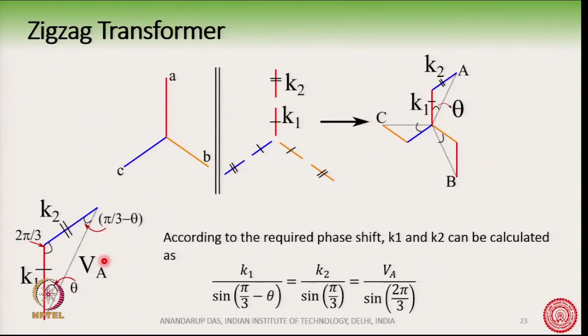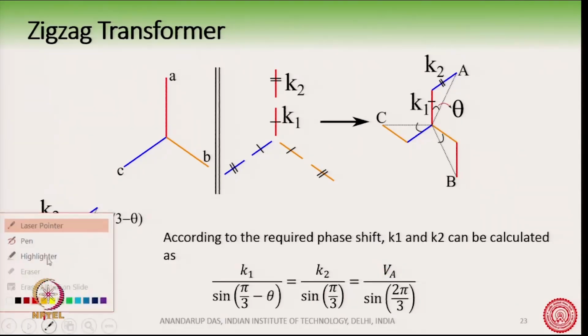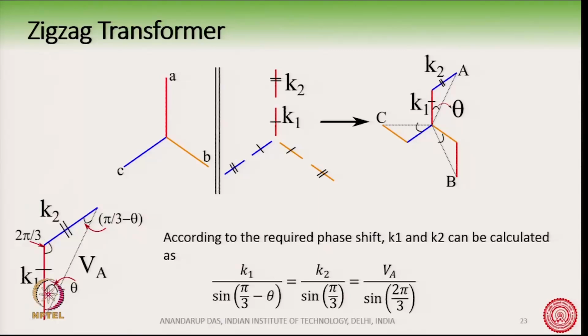So, we can write K1 by sin pi by 3 minus theta is equal to K2 by sin pi by 3, which is equal to... no, there is a small mistake here. We should write K1 by sin pi by 3 minus theta is equal to K2 by sin theta.